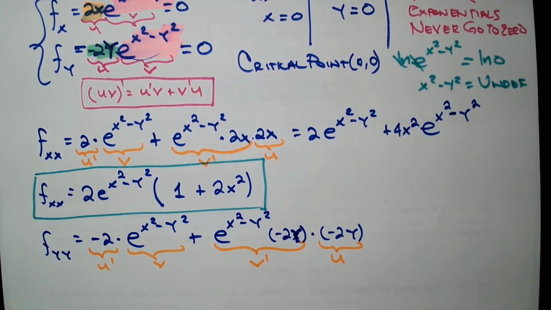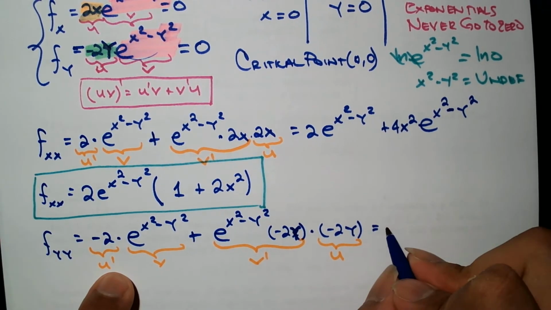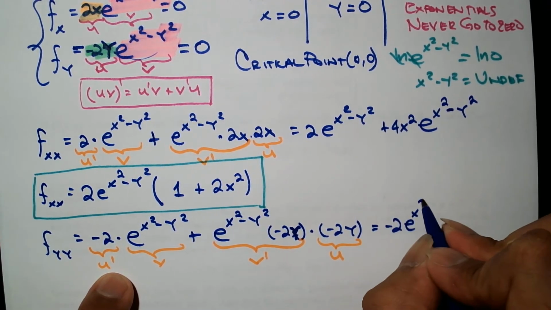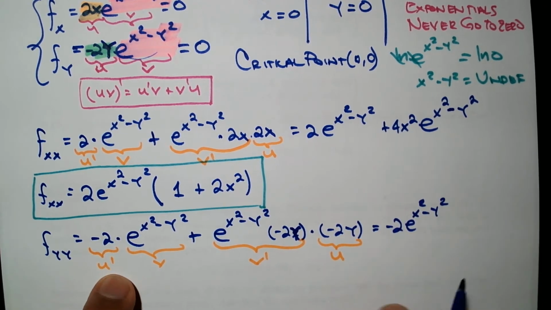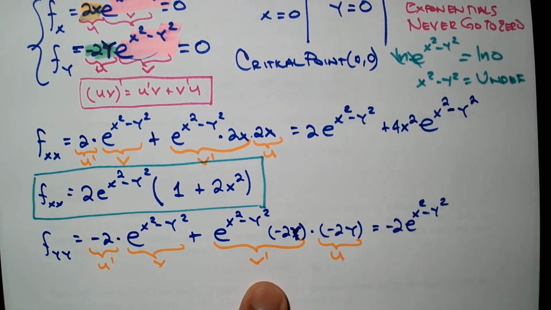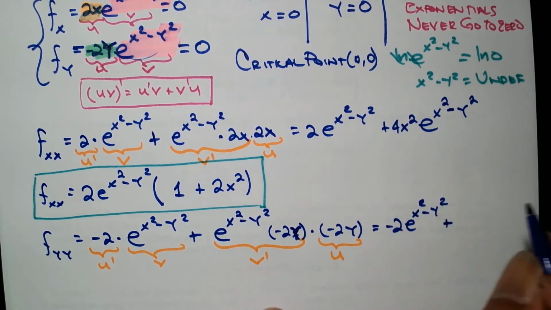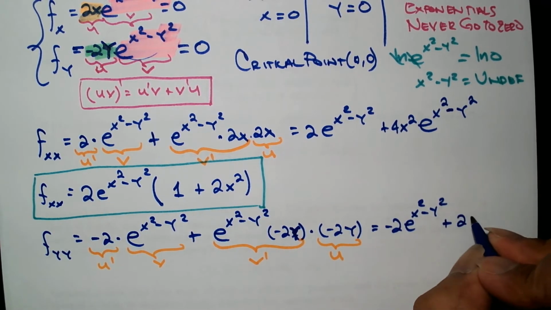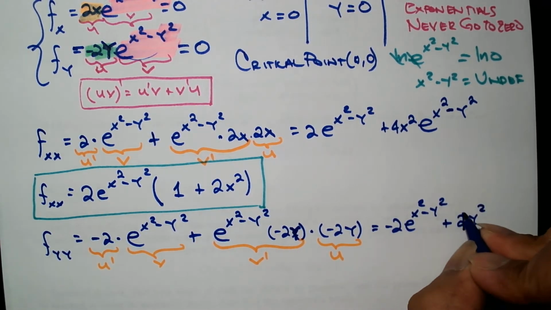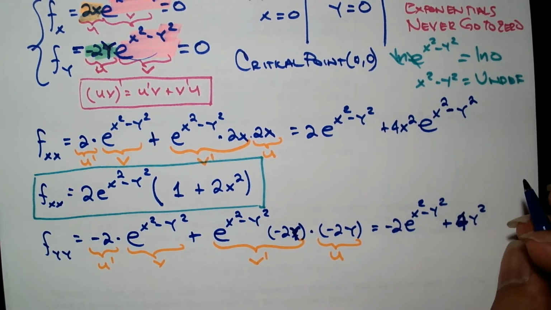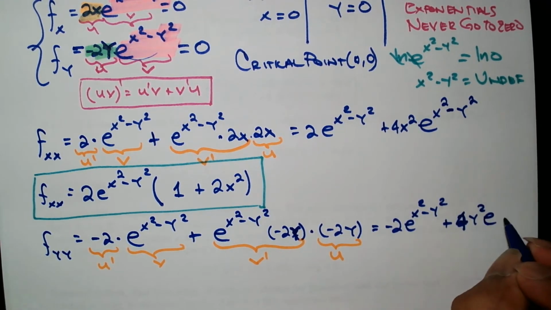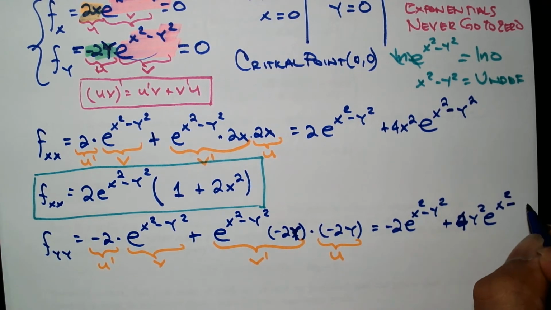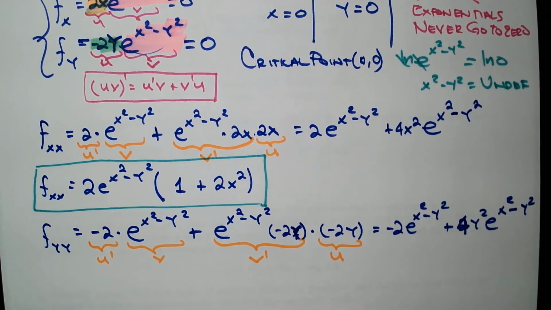In just the same way, I will simplify this to negative 2e^(x²−y²), and then negative times a negative is positive, 4y²e^(x²−y²).